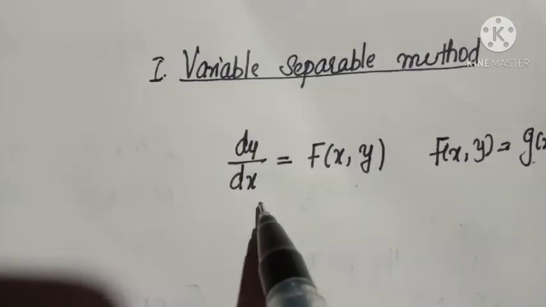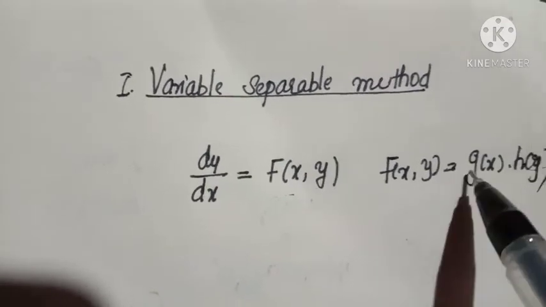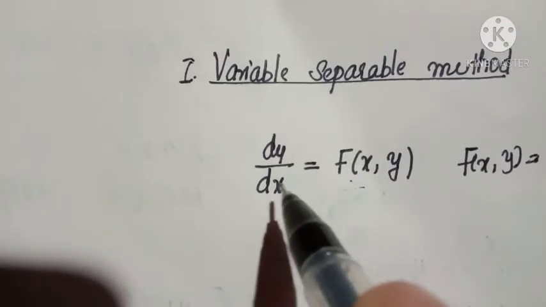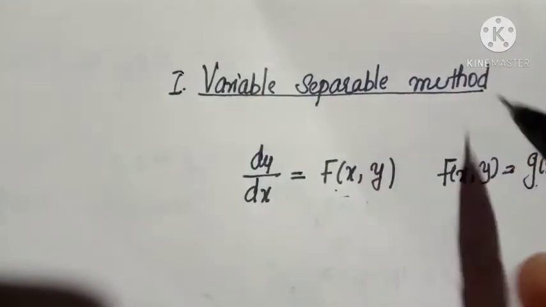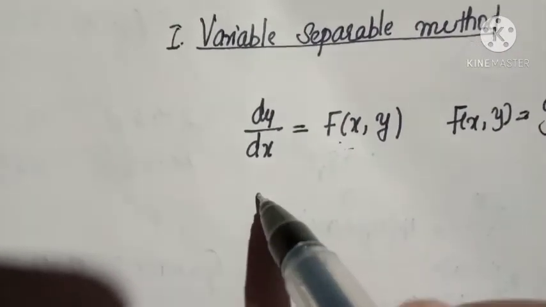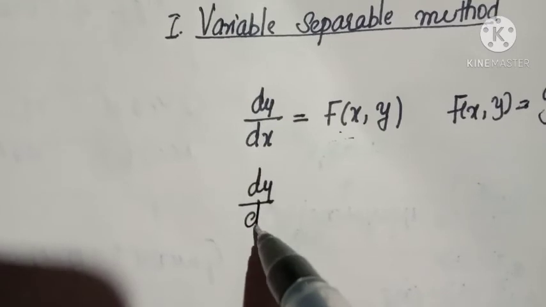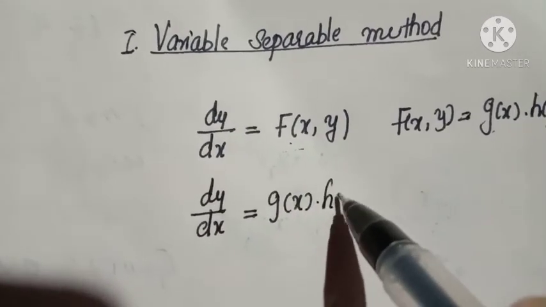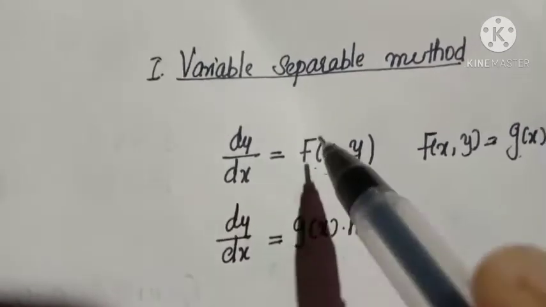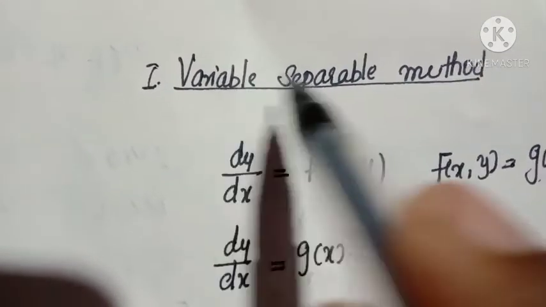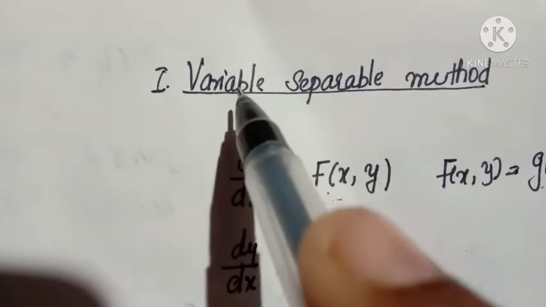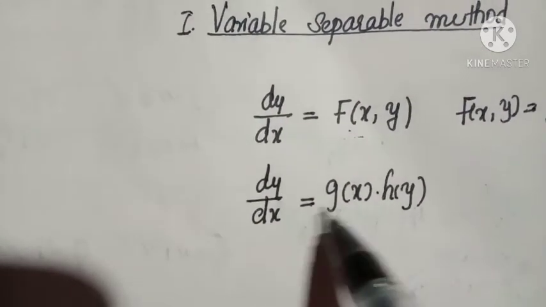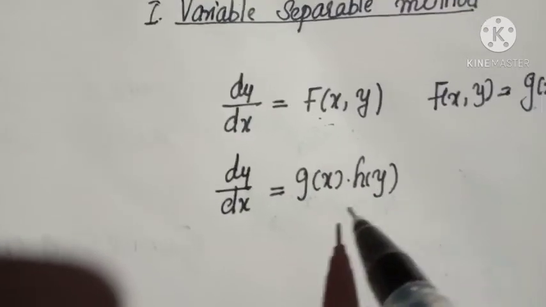Okay, so any differential equation of the form f of x, y we can solve by the variable separable method. That means we can write this equation as g of x into h of y. From the word itself, variable separable, we can separate the variables into two, that is, separate x variables and y variables.